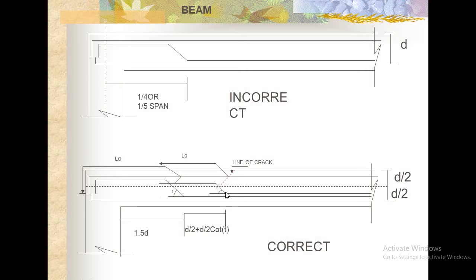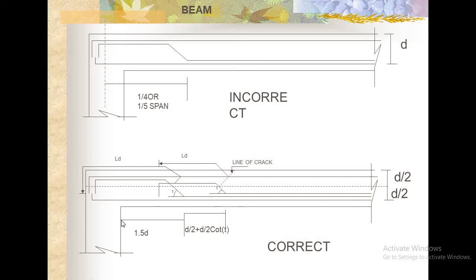It is very suitable on your site to withstand the shear force and to prevent shear cracks. There is more chance of cracks after this portion, so to prevent the effect of the shear force effectively, this is the correct way to provide the reinforcement.